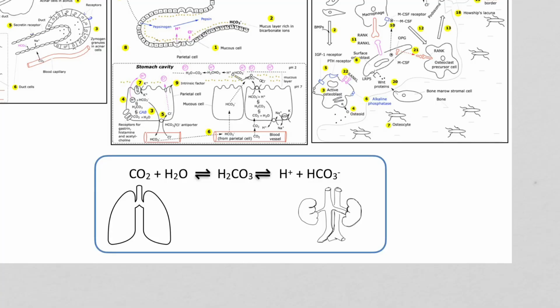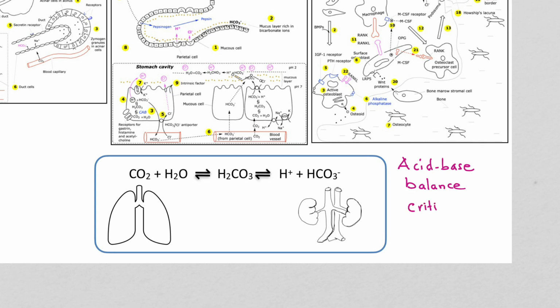So later on in future videos, we are going to talk about one of the very, very important concepts in medicine, and that's acid-base balance. Acid-base balance, because a lot of tests that are based on this concept are very critical tests.